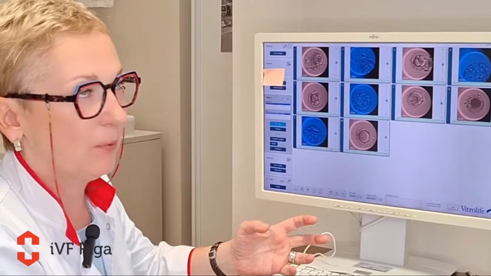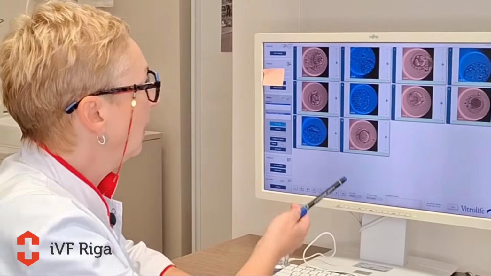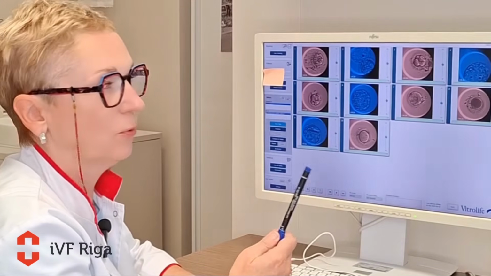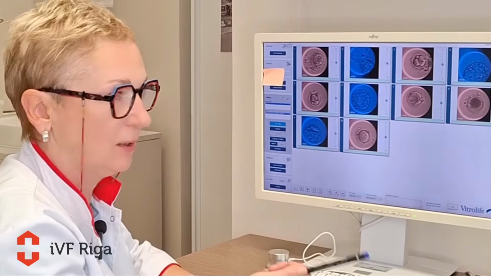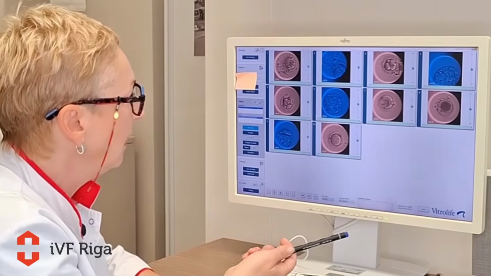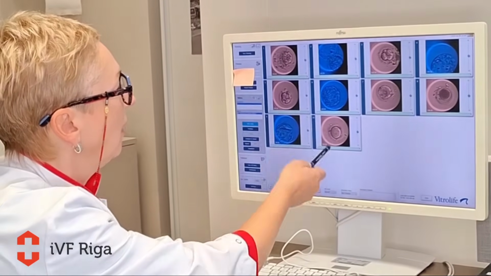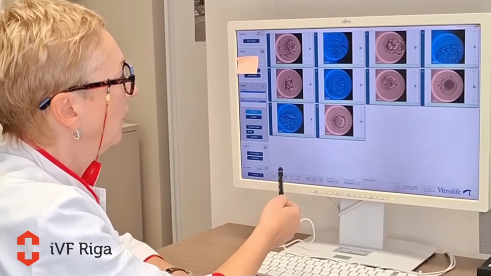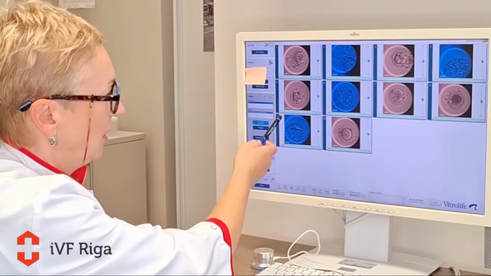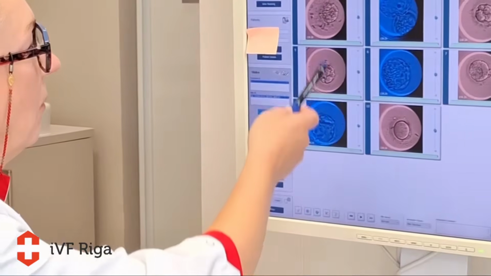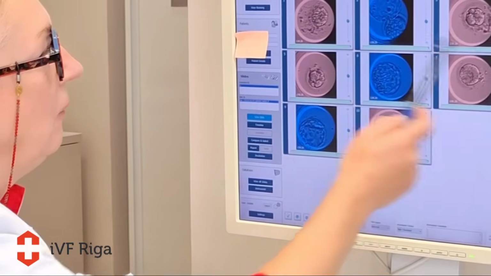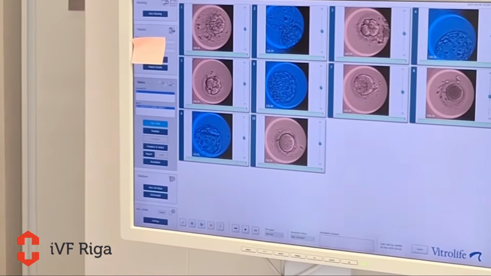Of course you are not a specialist, but you can see the embryos are not only colored in different colors, which helps us to be clear with these questions, but they also look absolutely different. Here we can see a blastocyst which has good quality, and we can see embryos which stopped at different stages of development.